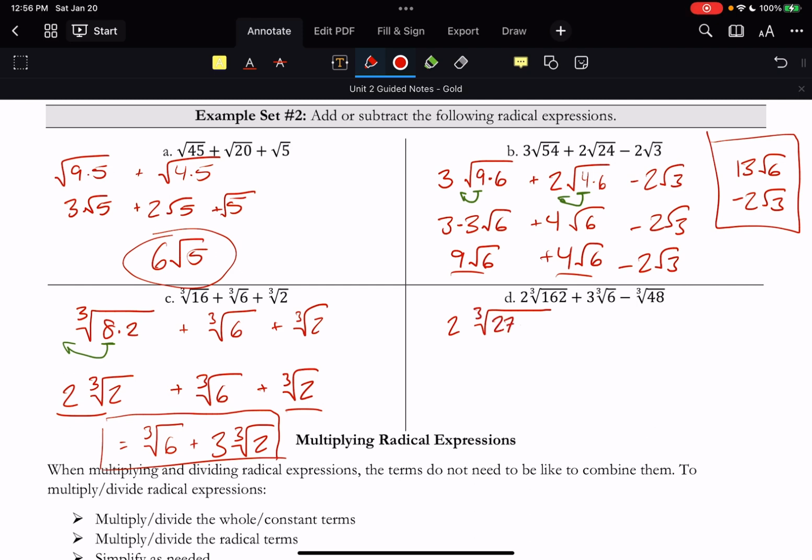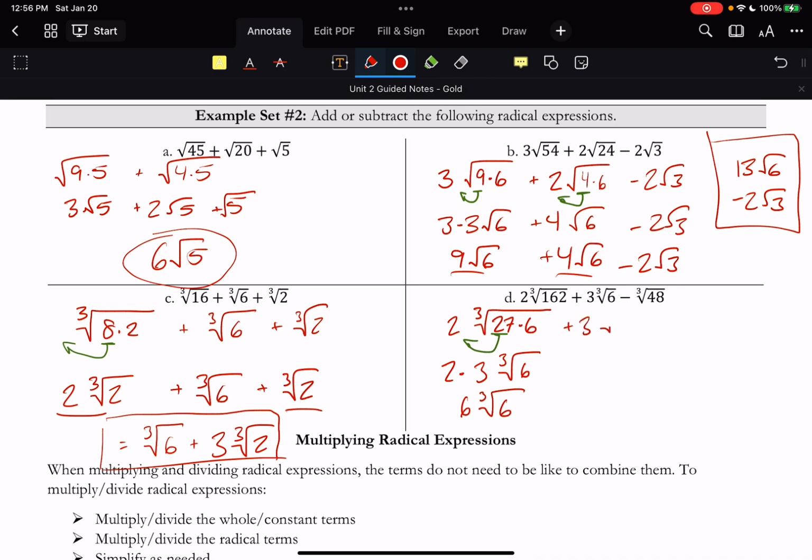So I have the cube root of 27 times 6, and I know the cube root of 27 is 3. So I have 2 times 3 times the cube root of 6, and 2 times 3 we know is 6. So that first term simplified down is 6 times the cube root of 6.